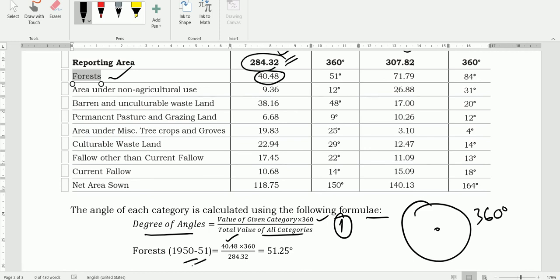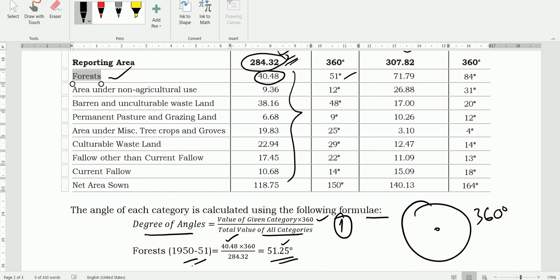Here, this is the total value of all categories. That means we have to add all these values together, and you will get 284.32. And we get this 51.25 degrees. So it may be rounded to 51 because it is less than 5.